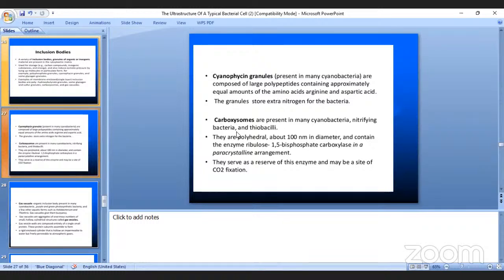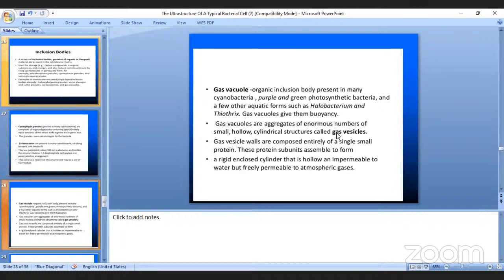Carboxysomes are present in many cyanobacteria, which I will explain later, and in nitrifying bacteria and thiobacteria. Gas vacuoles are also present.